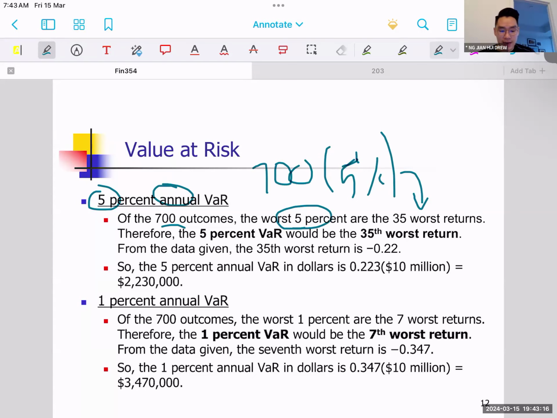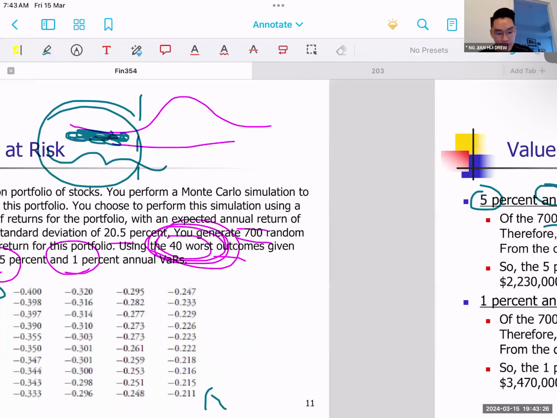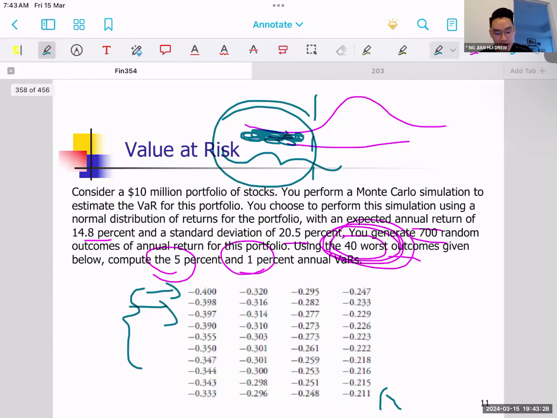And so let's go back to our data here to look at which point is the 35th worst outcome. Now, we know that this is the 40th, right? Each row is 10. There are 10 outcomes here. 10, 20, 30, 31, 32, 33, 34, 35.